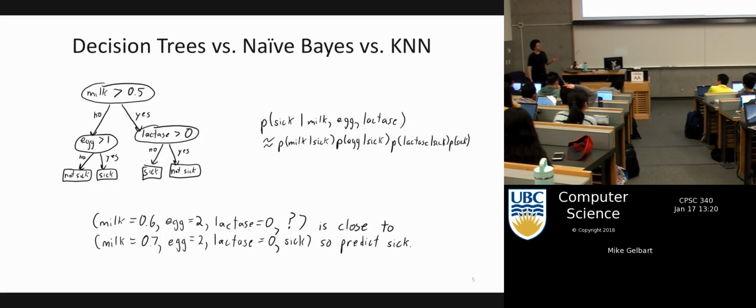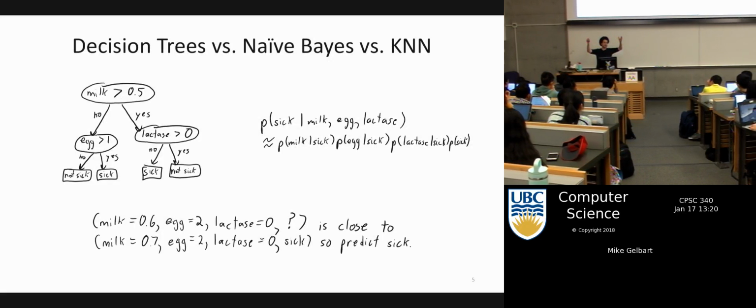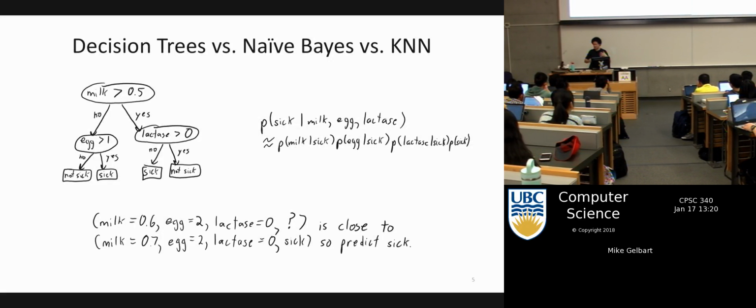You could have naive Bayes, which says, I'm going to make some approximation about the probability of seeing this given the counts of things I've seen. Or KNN says, I'd like to predict for this feature, here's some other point or points that are similar in feature space, so let me just look at their labels and predict based on that. Okay, that is it for review.